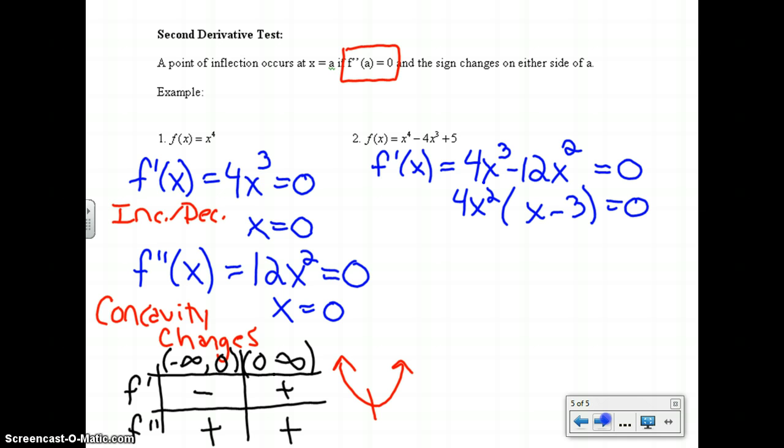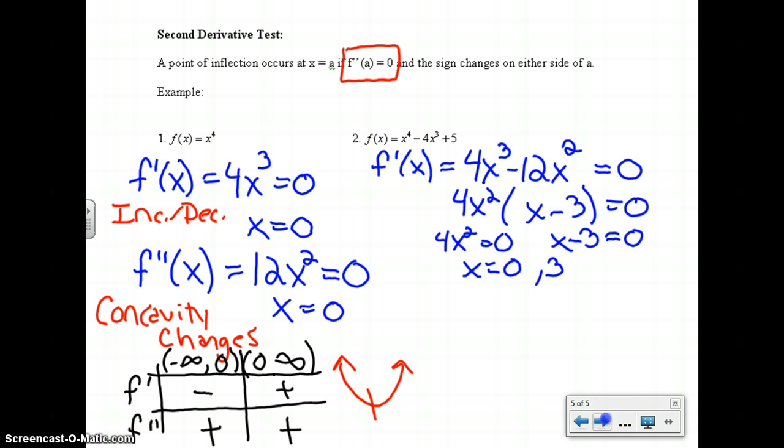If I set each of those factors equal to 0, I wind up getting a change in my direction, because this is my first derivative set equal to 0, so a change in my direction occurs at 0 and at 3.